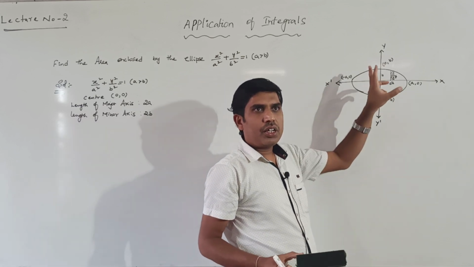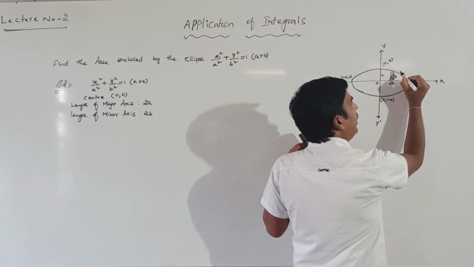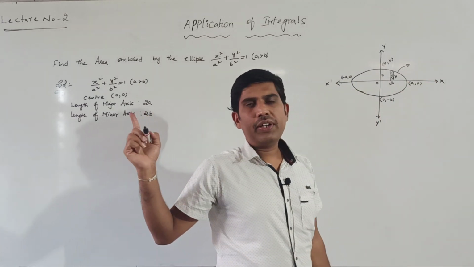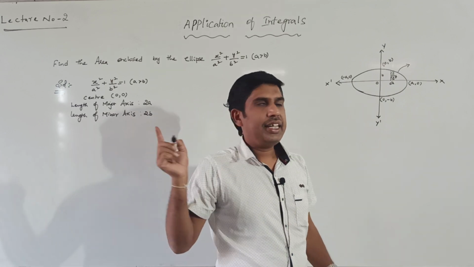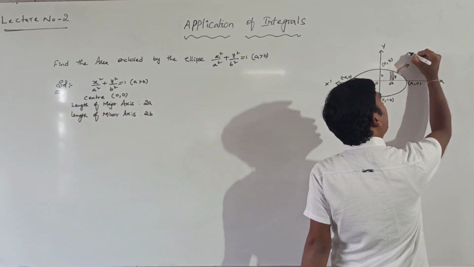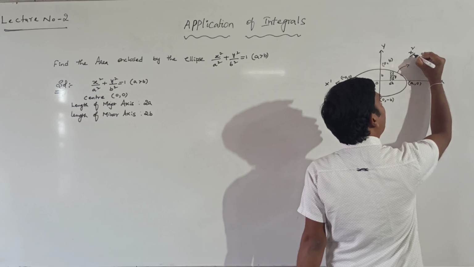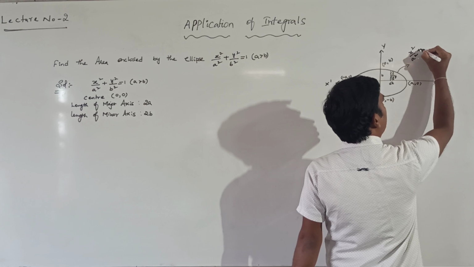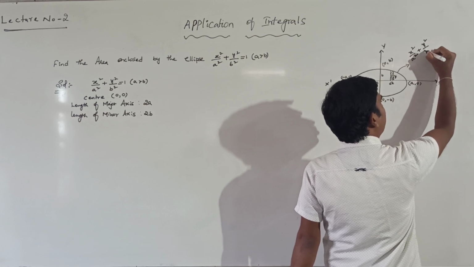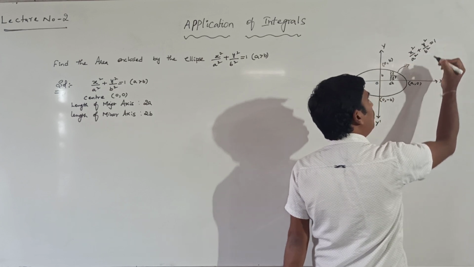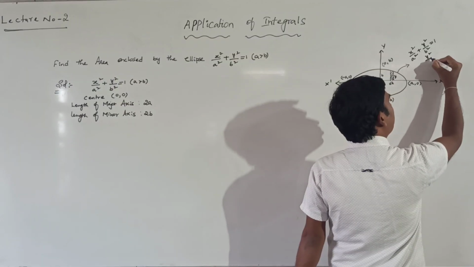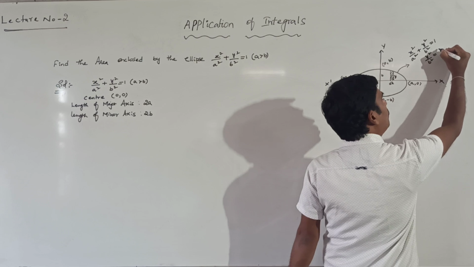So here the curve equation we have to know. What is the given curve equation? Very, very important. Here the conversion we have to know. What is the curve equation? Nothing but x square by a square plus y square by b square is equal to 1. From here y square by b square is equal to, what will we get?